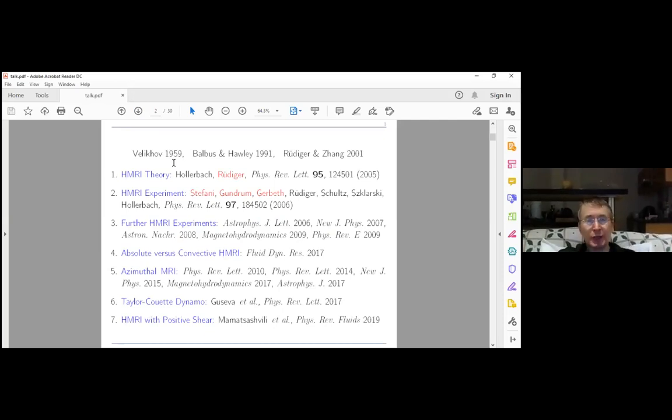Then it was completely forgotten, literally for several decades, until Balbus and Hawley in 1991 rediscovered what turned out to be exactly the same instability, except they considered it in an astrophysical context. They were specifically interested in what happens with astrophysical accretion disks. And in that context, the MRI turns out to be incredibly important.